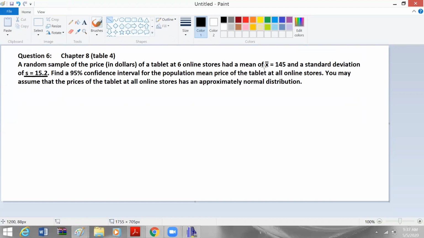And then the X bar is 145. And then we have the 95% confidence interval. Okay, and then we have n equal to 6.